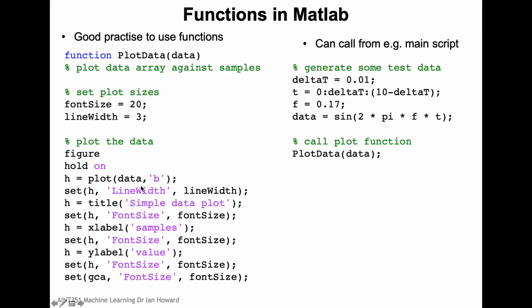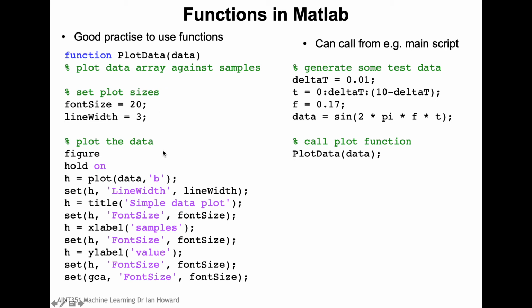As we know in MATLAB, when you write a function, you call it whatever you're going to call the function. I'm calling it plot data, and then you would save it in a file, plotdata.m. It's actually the file name that really matters. You can put anything you like in the file up the top by the name of the function.